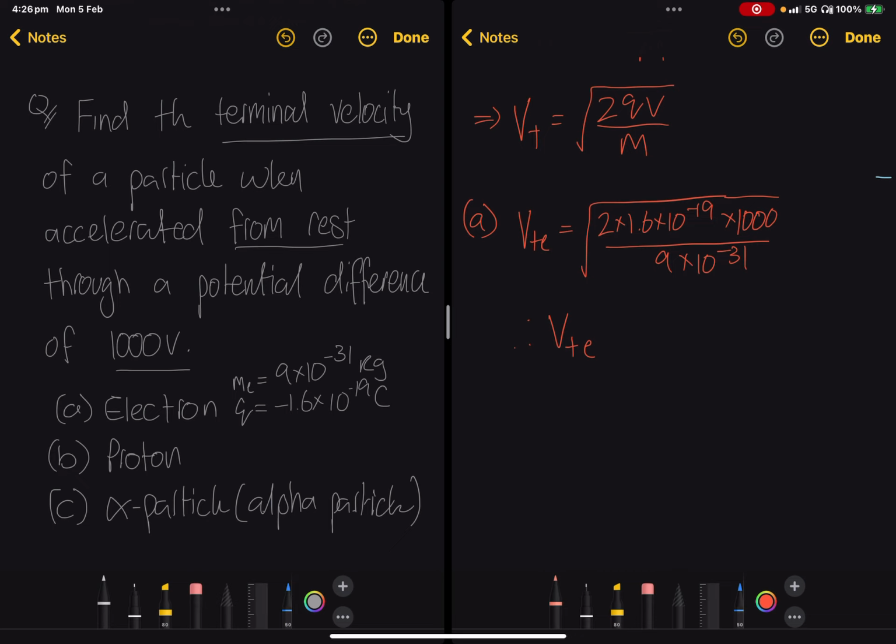So therefore the terminal velocity for the electron, put this all into our calculator, square root 2 times 1.6 times 10 to the minus 19 times 1000 divided by 9 times 10 to the power of minus 31. This gives me, I'll take them all to 3 significant figures. If you're told a different measurement, obviously do that.